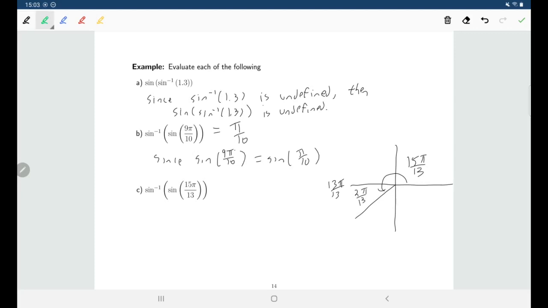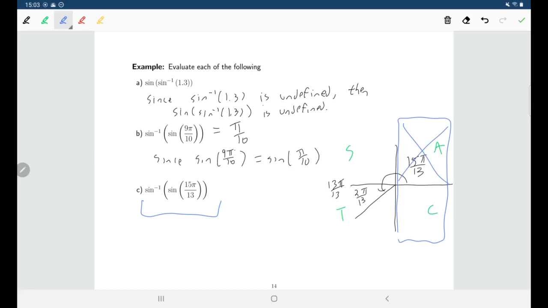Now, again, we know who's positive in which quadrant, and we're in quadrant 3, where sine happens to be negative. So we're going to get for our output, it has to be something where sine is negative. And again, sine inverse is only going to give us output in quadrant 1 or quadrant 4. It couldn't be quadrant 1 because that's where sine is positive.